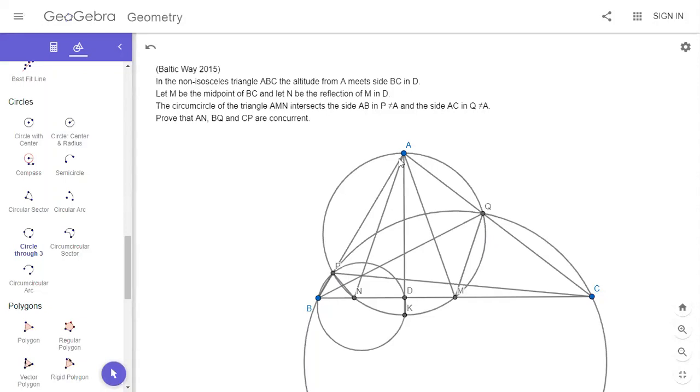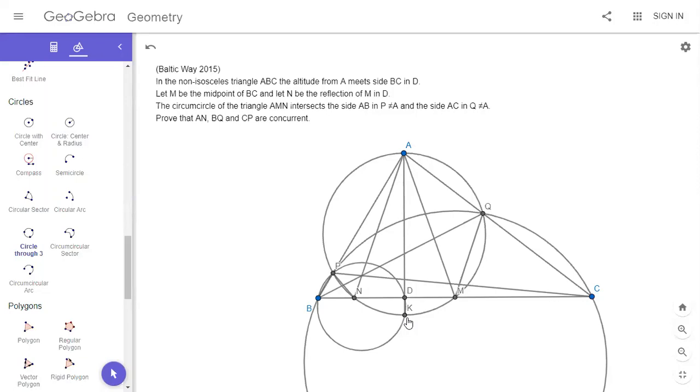You don't even need angles, because AP times AB is AD times AK, and AQ times AC is AD times AK. Actually, you could just use the radical axis. Yeah. So then we know that BPQC is cyclic without having to use a lot of algebra. Interesting.